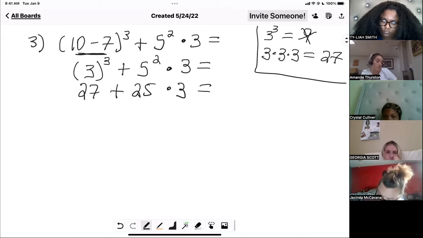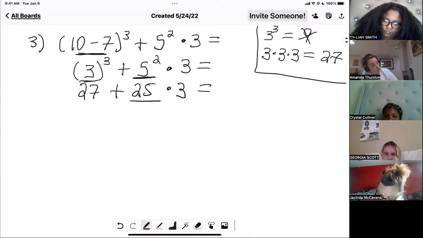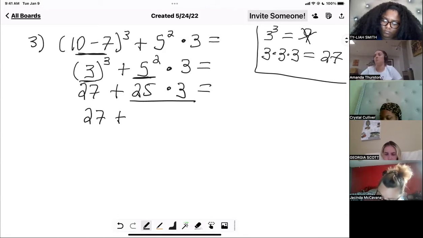So I did a parentheses. I did my 2 exponents. Let me underline them so you see that I did them. They're my exponents. Now, I did parentheses, exponent, multiplying or dividing, whatever comes first. So let me look. I have multiplying. So I'm going to do 27 plus 25 times 3. Well, when I say 25, I think money.